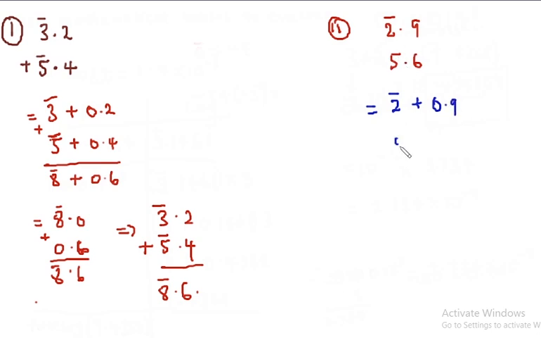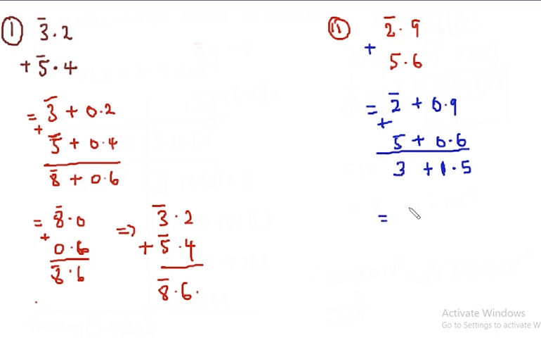Then here we have 5 plus 0.6, and we are adding the two of them. 9 plus 6 here is 15. To write 5, we carry 1. The 1 comes here, plus 2 bar plus 5, meaning minus 2 plus 5, which is 3.